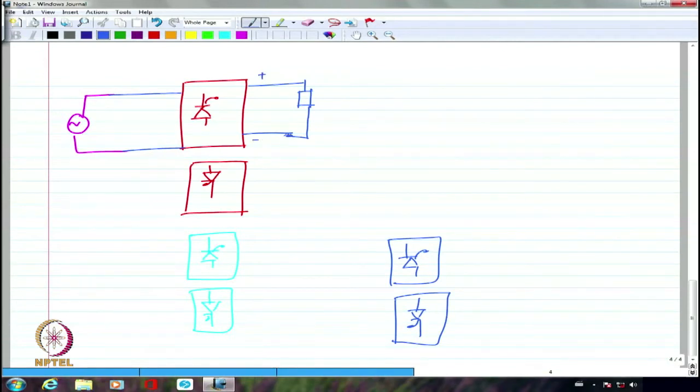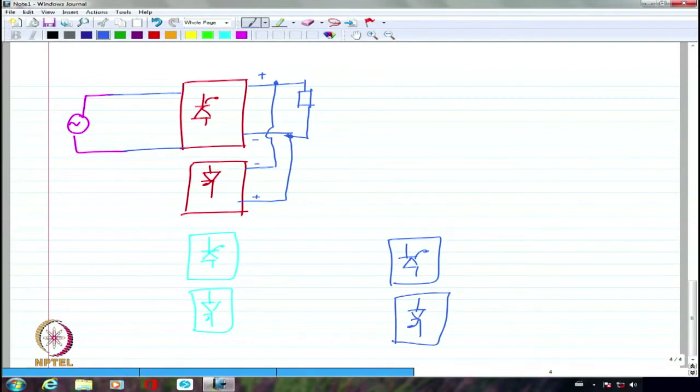The same thing when this is working as a rectifier, I am going to have plus here and minus here. But this plus has to be connected here and this minus has to be connected here. The other way around, like a dual converter. Right? So I have connected just the opposite polarity.